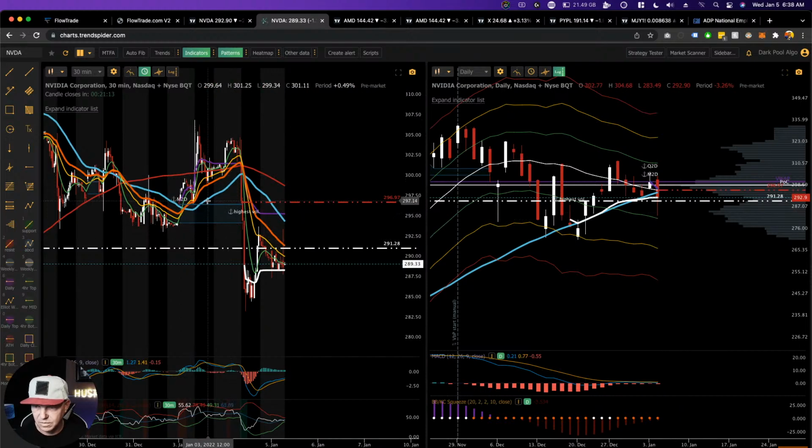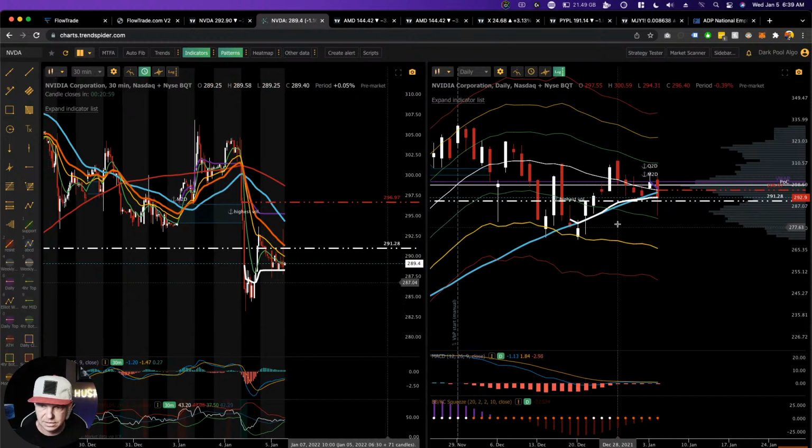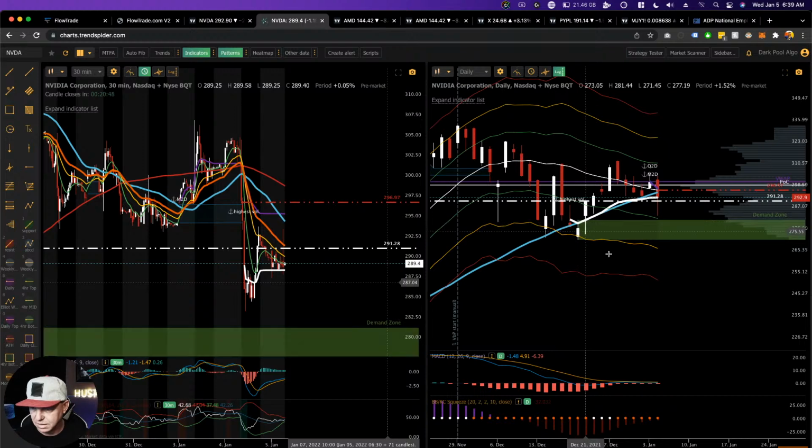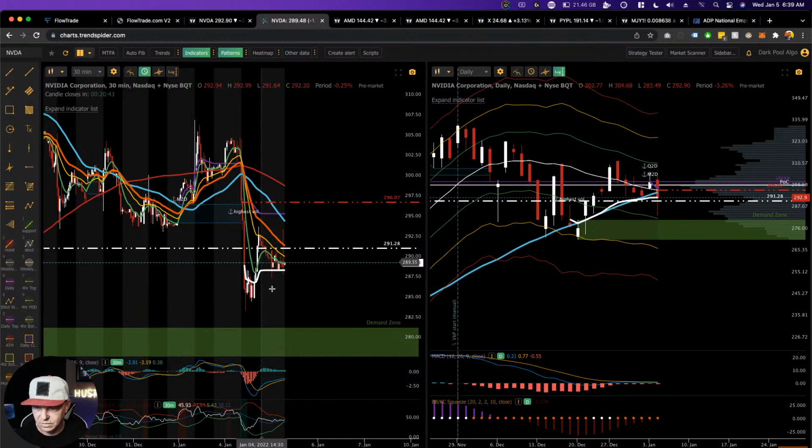So 297 is the 50-day SMA, 21-day EMA. And there is a demand zone down at 280. So if VWAP cracks, we have a downside target at 280. Okay.